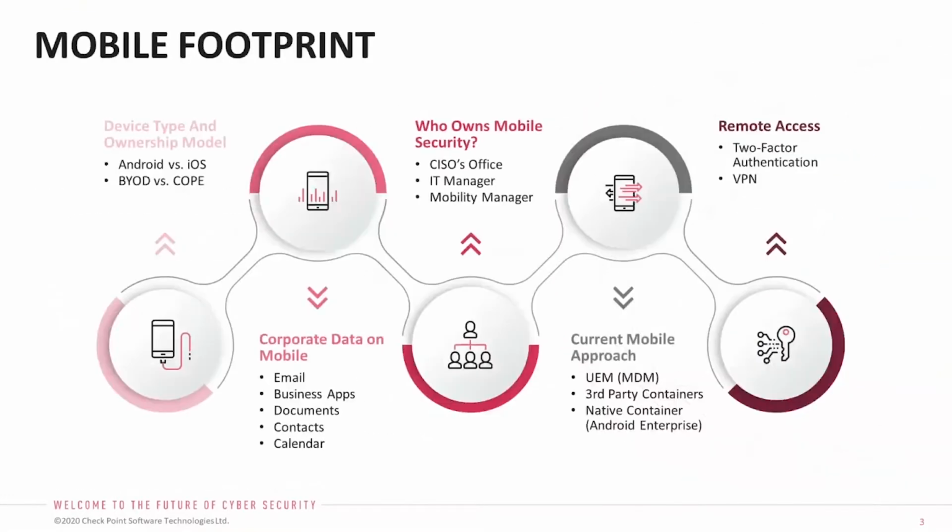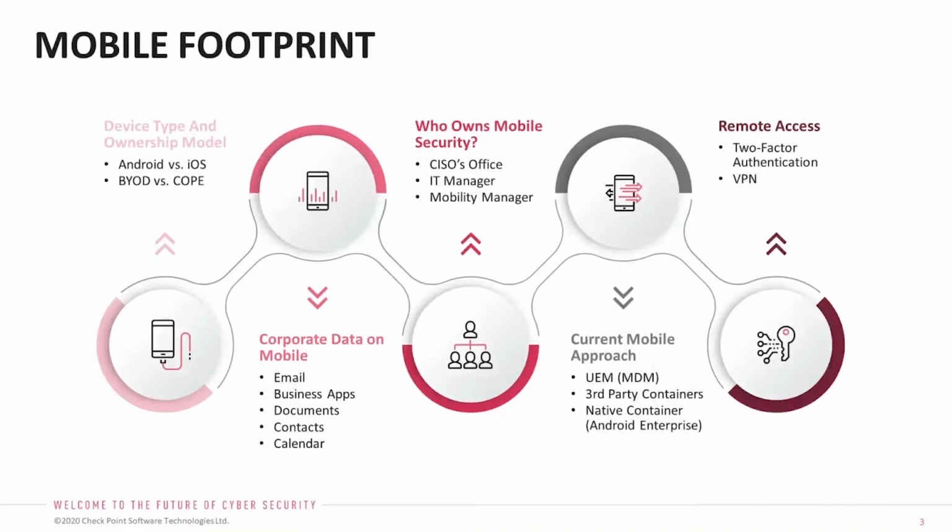When we look at the mobile footprint inside the organization, there are a couple of questions to ask yourself. If you're an organization, what's your device type and ownership model? Are you going to go with an Android device, or iOS? Are you going to bring your own device, or are you going to choose the device for your employee, or have it as a corporate device?